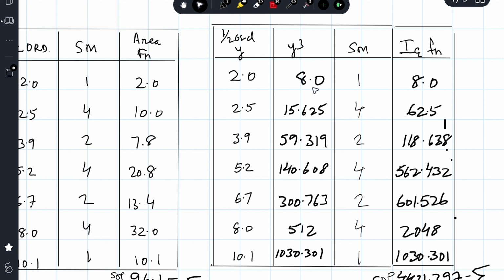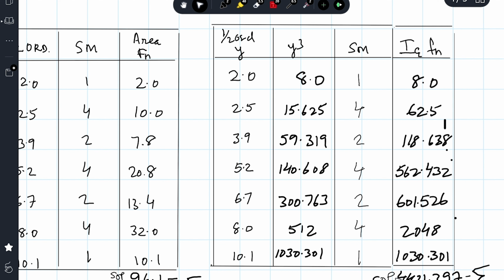Now the cubes of the ordinates are put through Simpson's rule. So Simpson's multipliers 1, 4, 2, 4, 2, 4, 1 are multiplied with the y cube of the ordinate, and we get the moment of inertia function, the moment of inertia about the center line. The product will be the moment of inertia function.